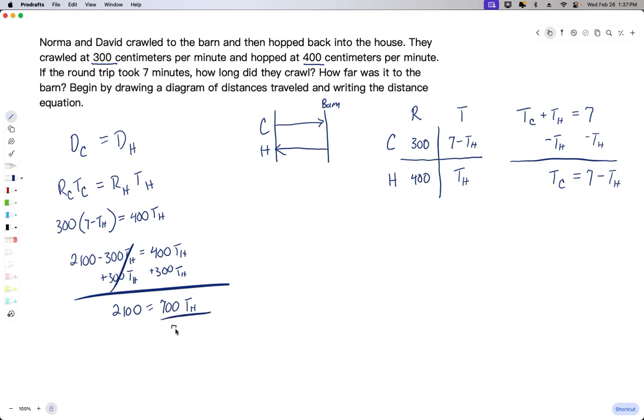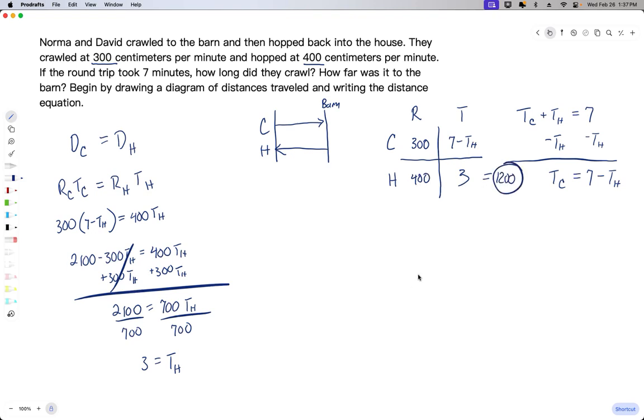When I divide both sides by 700, I should get 3 is the value of TH. So if 3 is the value of TH, then I can substitute that in right here. I put 3. 400 times 3 is equal to 1200.